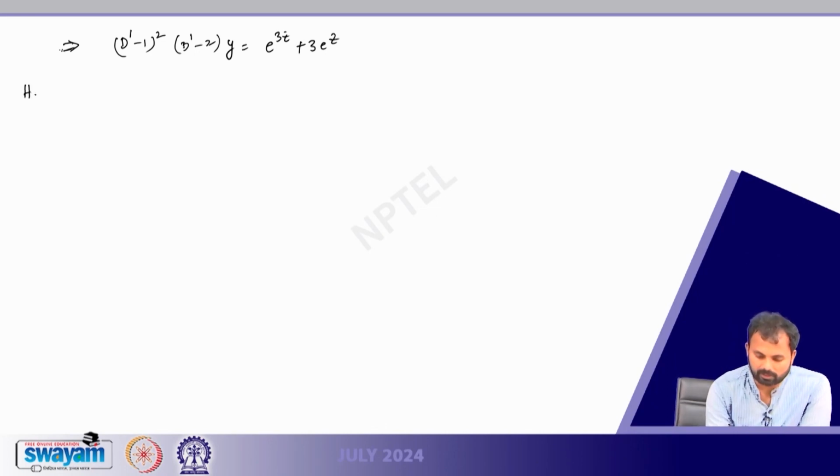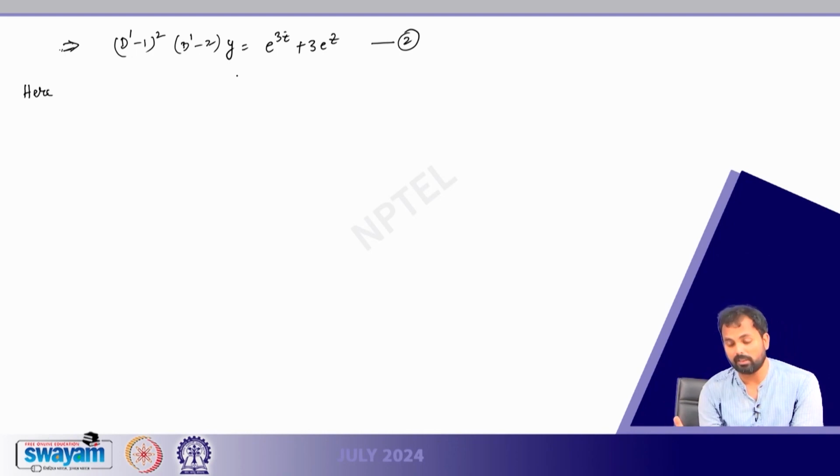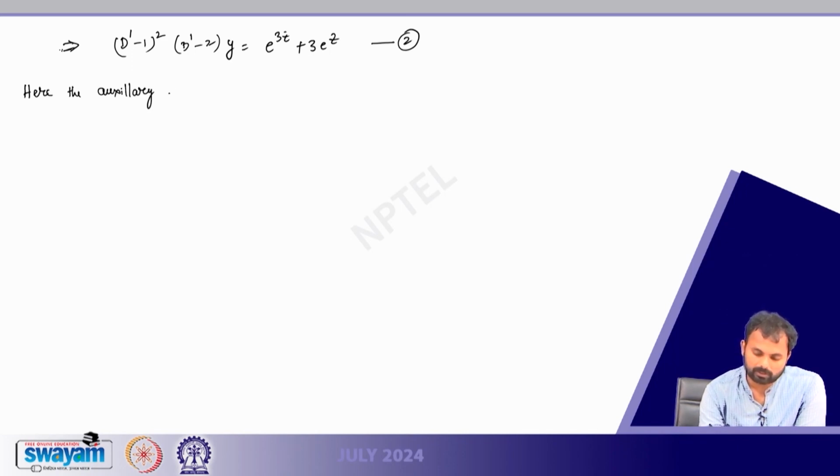So this is equation number 2. Now we will treat this as an ordinary differential equation with constant coefficients, non-homogeneous right hand side. So this will eventually lead to finding the complementary function and particular integral. So here the auxiliary equation for 2 is m minus 1 whole square into m minus 2 equals 0.